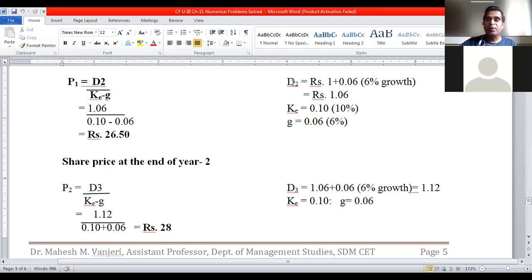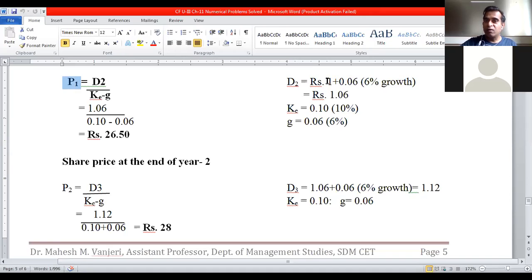So I repeat, D1 is the dividend expected next year. What dividend is expected after the second year, we will require here, which is the dividend expected for next year in calculating the price of equity share after year one.